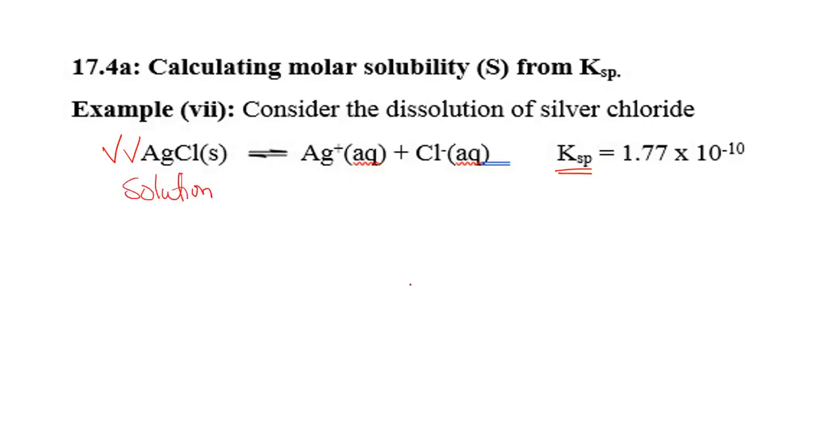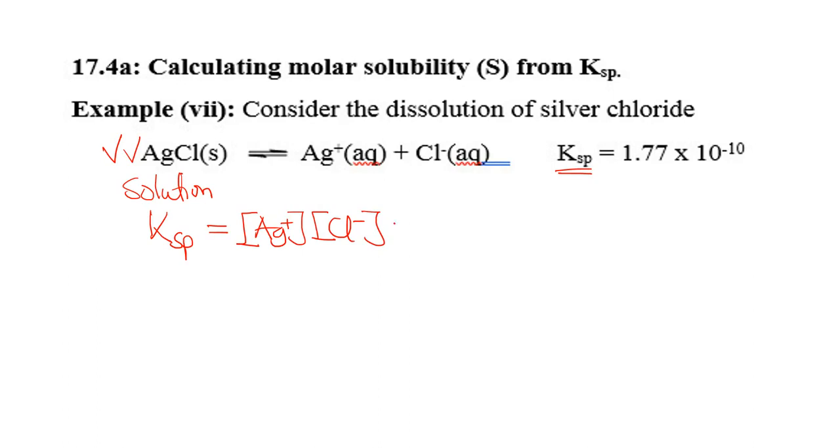The first part, you need to write the KSP expression. So based on this, KSP is given by the concentration of the product, Ag plus times Cl minus.